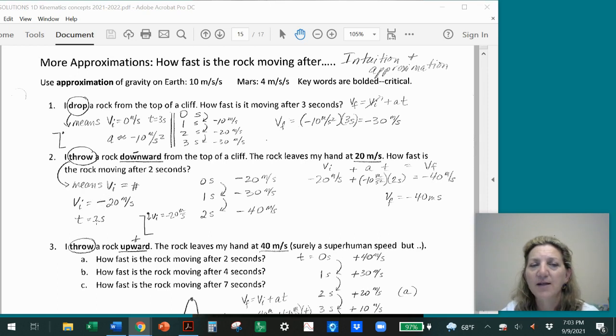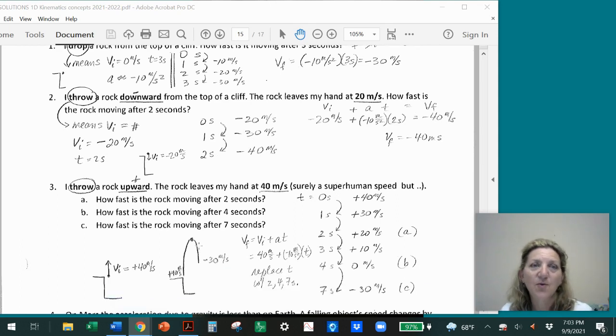And for 2 seconds. So now, you see I have my picture. At the top, 0 seconds, I'm already going at negative 20 meters per second. And in the next second, I do a minus 10 meters per second. And in another second, I do another minus 10 meters per second. And you can even check your work using equations.